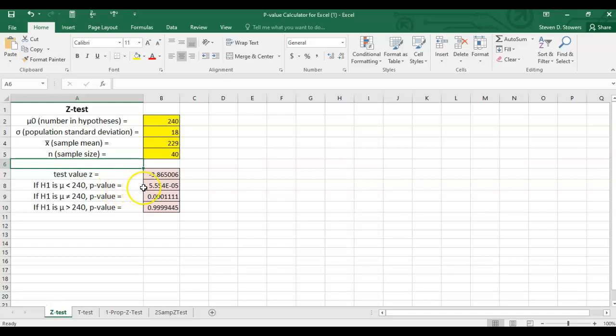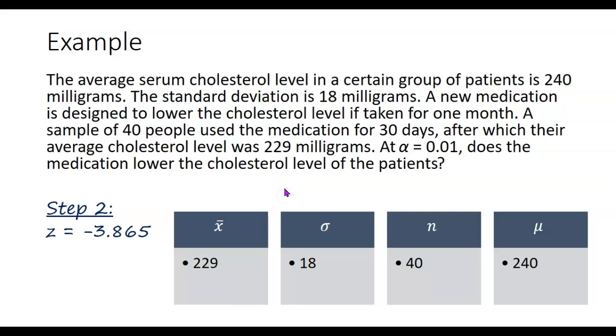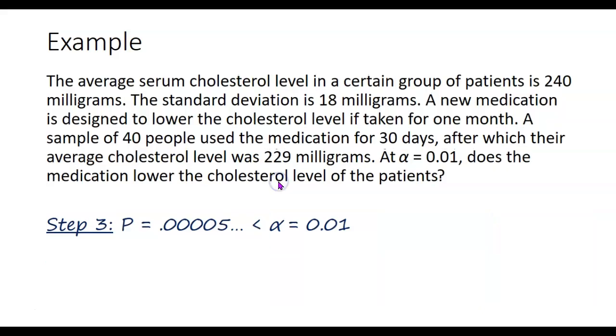So the p-value is 5.554 e negative 05. Written normally, that would be 0.0000555 and so on. So that's our z. Our p-value is 0.00005.